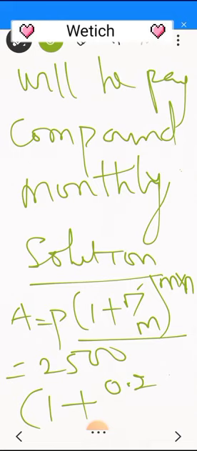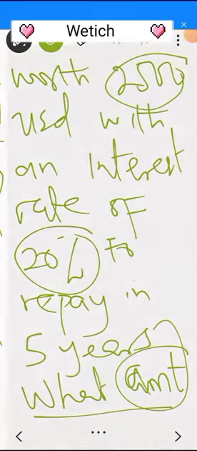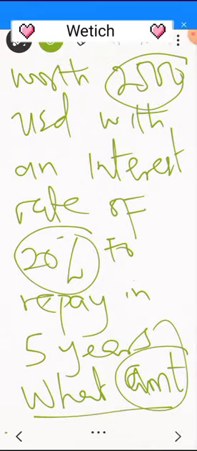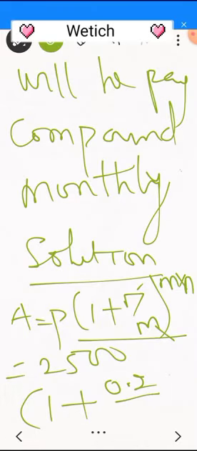So 0.2 divided by M. Our M stands for the number of times it is compounded, and compounded monthly means 12 times, because we have 12 months in a year. So we're doing 0.2 divided by 12, bracket closed.